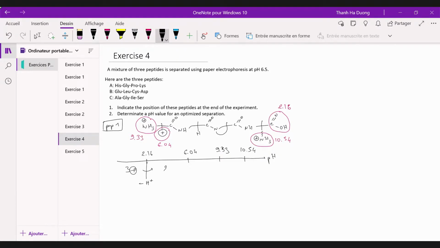So here you have only 2 plus. Here it will be positive, then neutral, and negatively charged.